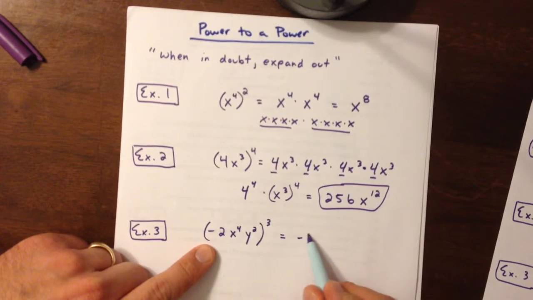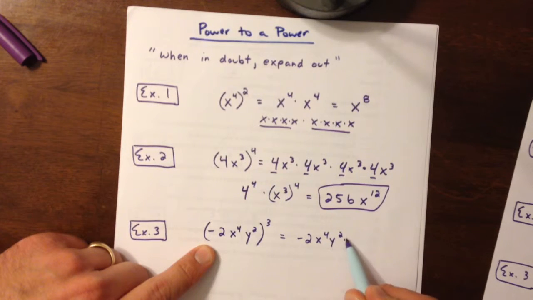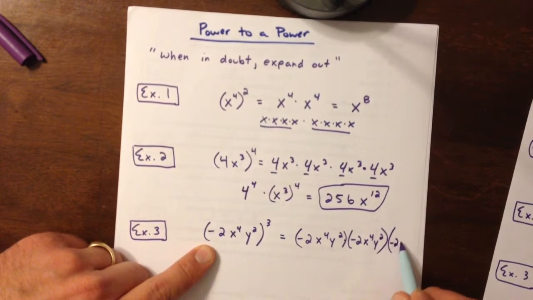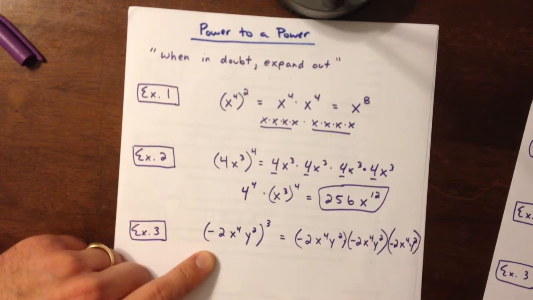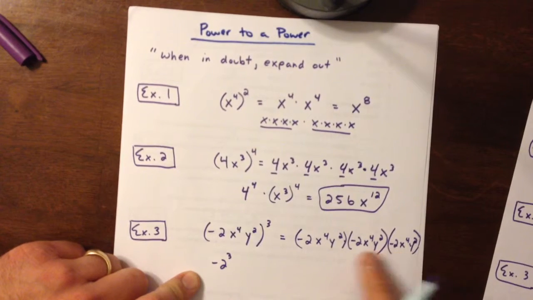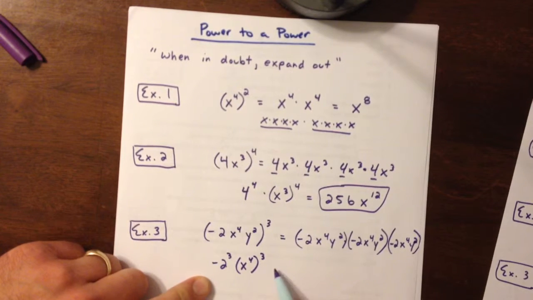So if I expand this out, this is negative 2 x to the 4th y squared. I'm just going to put parentheses around it. I'm running out of room. So I can expand it out 3 times. But I also see that everything in here is to the 3rd power, because I'm going to have 3 x to the 4ths, I'm going to have 3 y squareds.